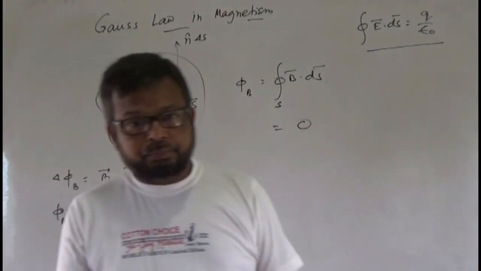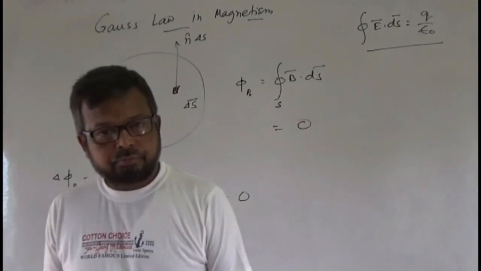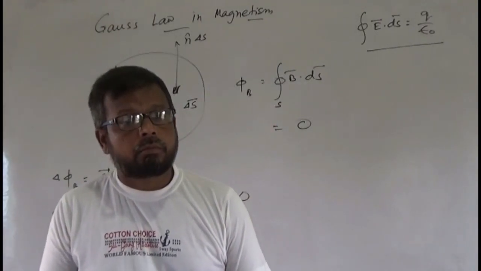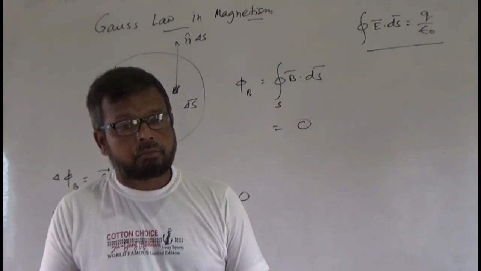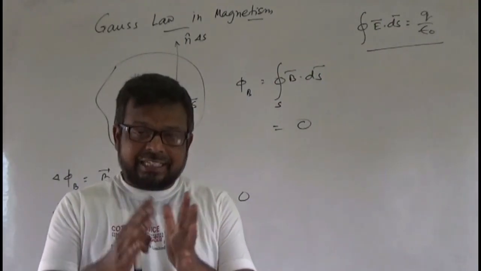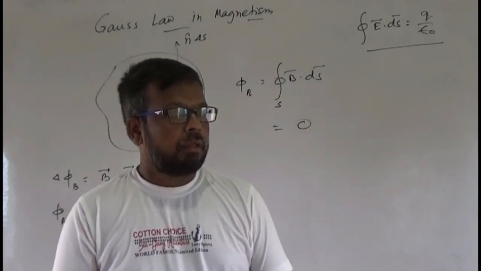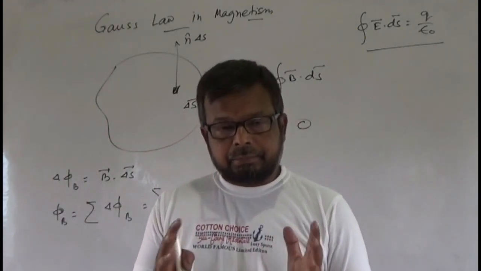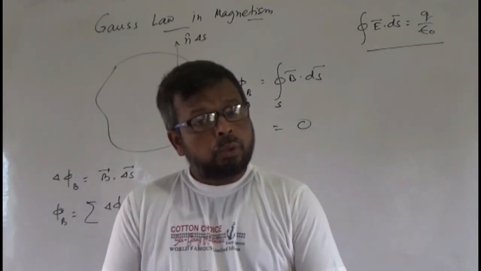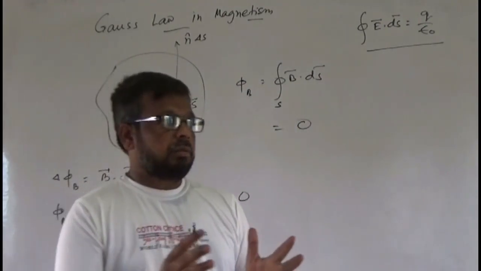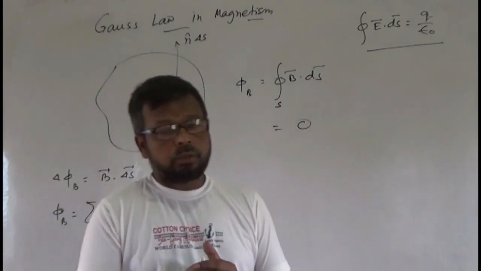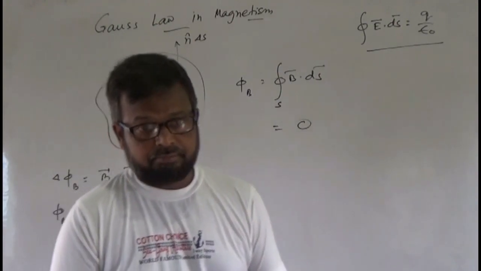Now from here, what can be inferred? If the number of field lines leaving the surface and the number of field lines entering the surface are equal, then what will be our inference?